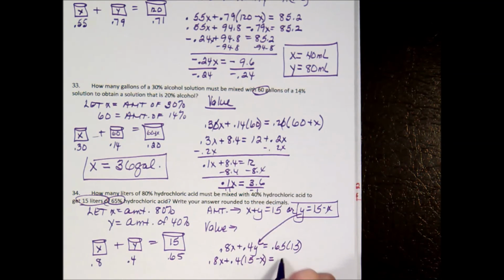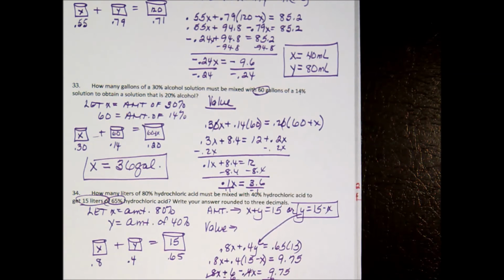Let's distribute. 0.8x plus, if you multiply this, you get 6, minus 0.4x equals 9.75. Combine like terms, 0.4x, and let's subtract the 6 from both sides. We can do that at the same time. Equals 3.75. Divide by 0.4.